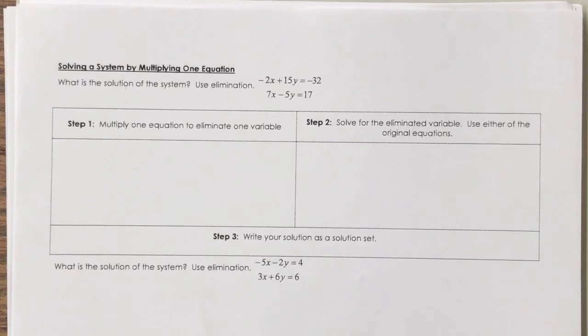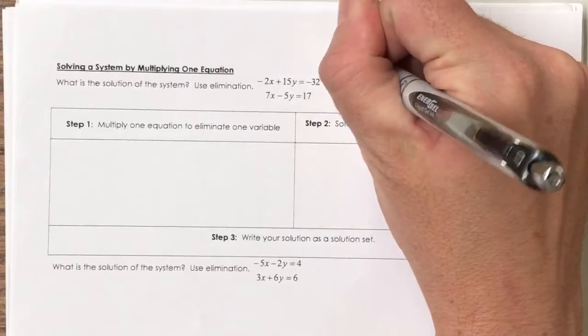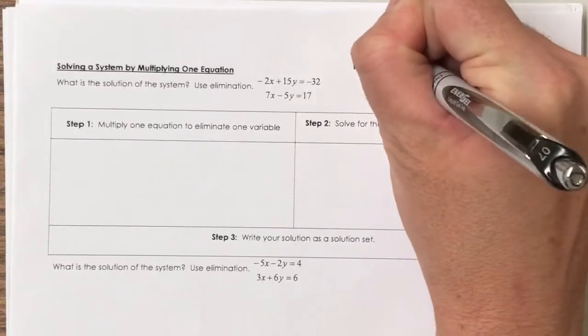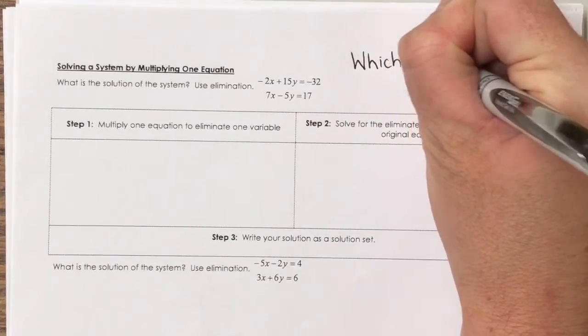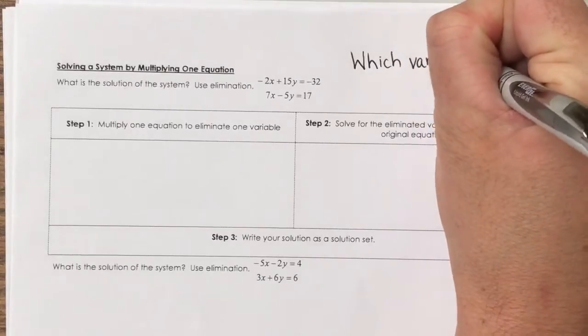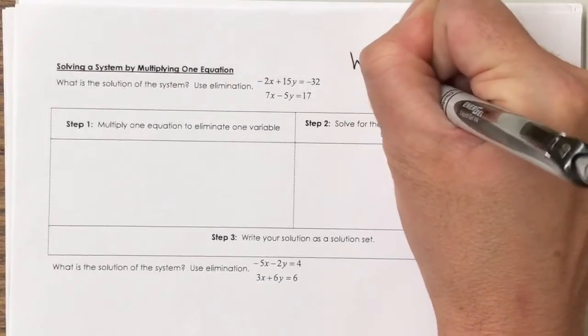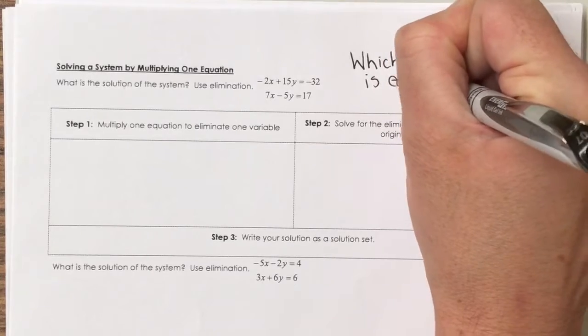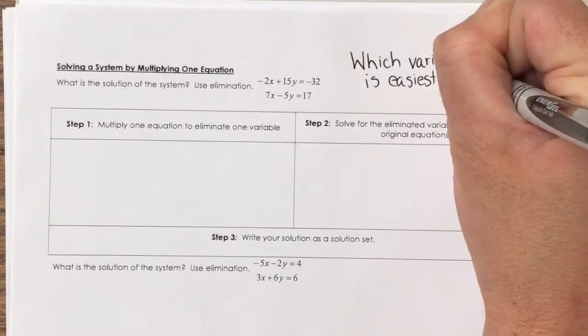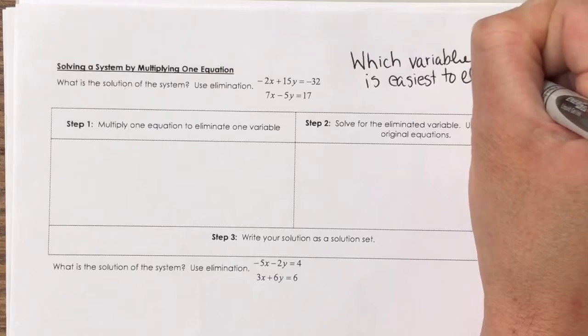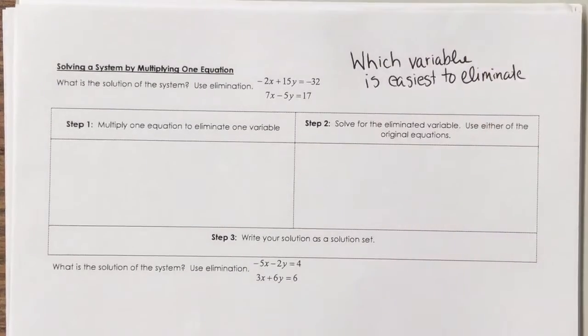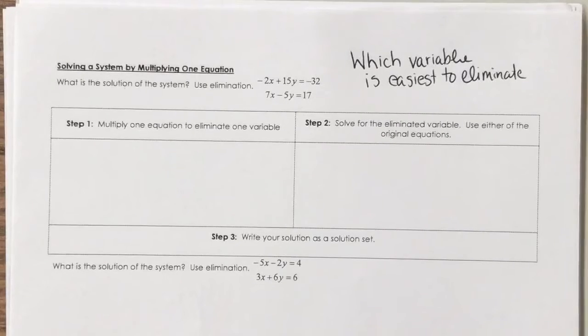What you have to do is make a decision, and decide which variable is easiest to eliminate. Well, I'm looking, and in the other examples, I could have distributed through a -1 to make them opposites.